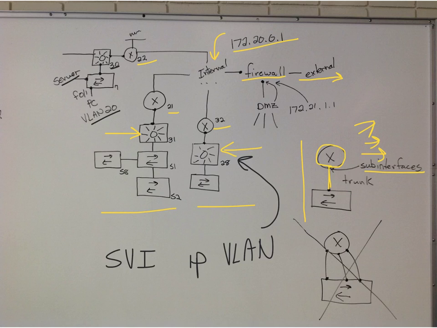Well, now we can do those right inside the multi-layered switches using these switch virtual interfaces, assigning IP addresses right to the VLANs. This is really old school. Alright, so this was our first setup in which we worked on this.